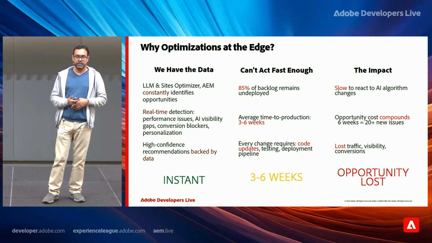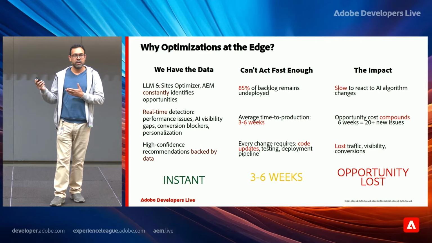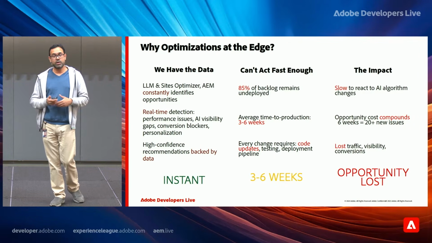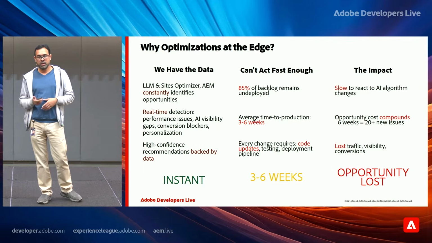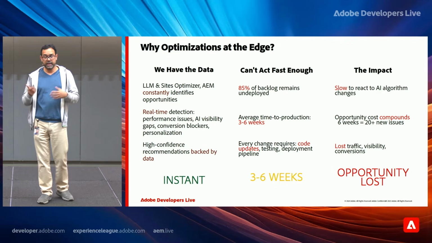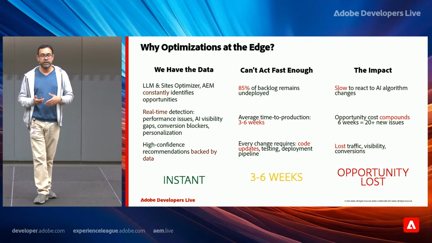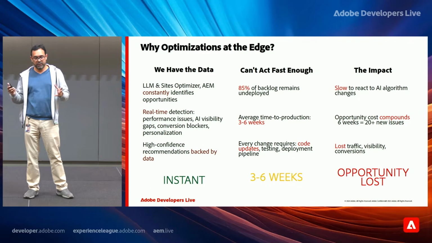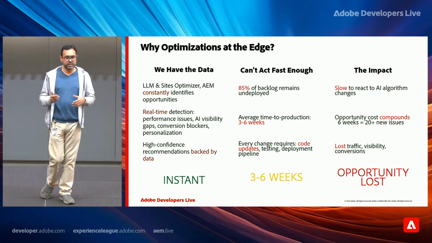But the problem is, most of the time it takes a lot of time. If you look at the numbers, 85% of the optimization remains in backlog. Average time to production is 3 to 6 weeks, and every fix requires code changes, testing, deployment. So this slows us down.